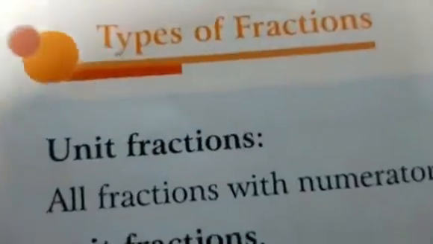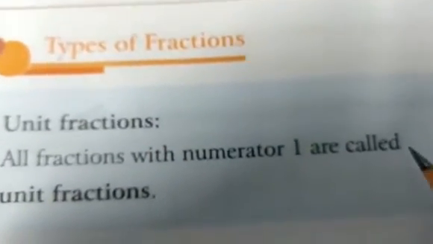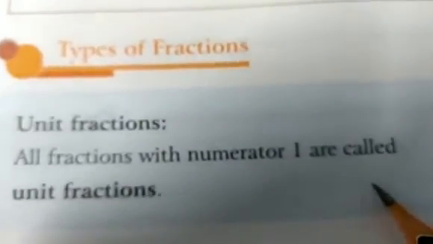We have seen the fractions, equivalent fractions. Now there are some more type of fractions are there. Type of fractions. So first one is unit fraction. All fractions with numerator 1 are called unit fraction.